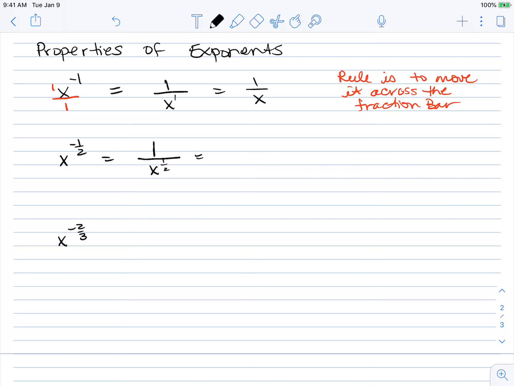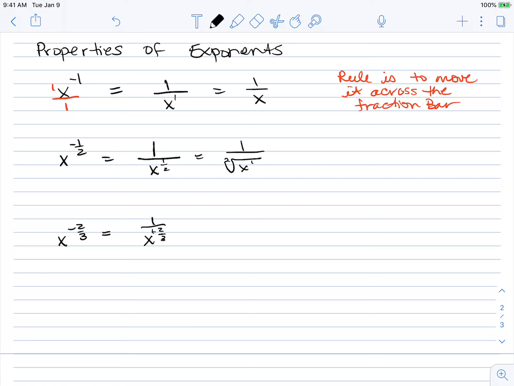And I can rewrite that, if I wanted to, as a radical. And that's the same as saying I have the square root of x to the 1. So that's a thing. We could do that. The other thing that we could do, maybe we had negative 2/3, right? Well, that's the same as saying I have 1 over x to the positive 2/3.